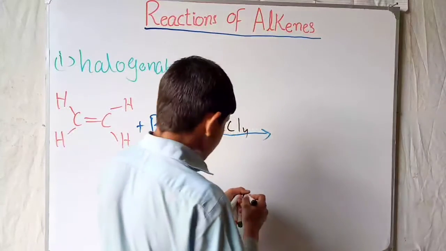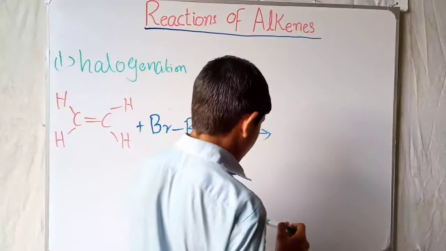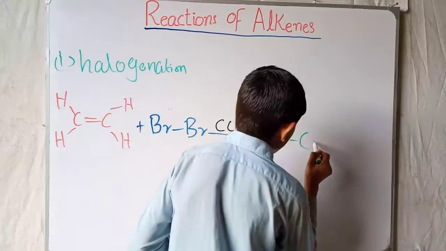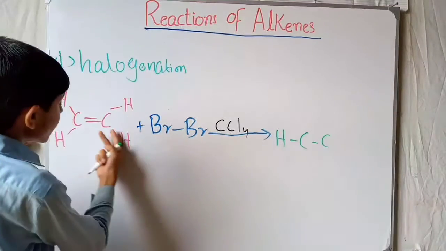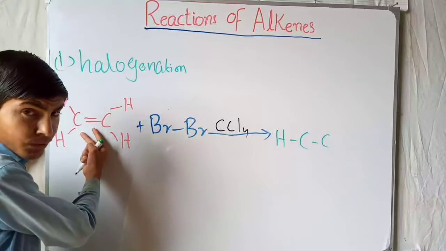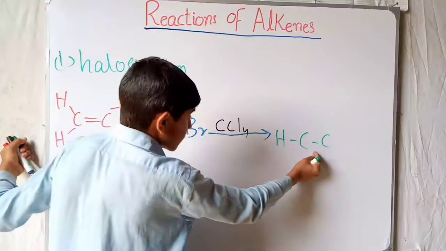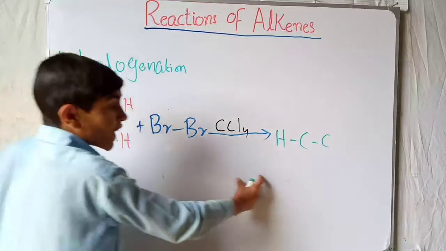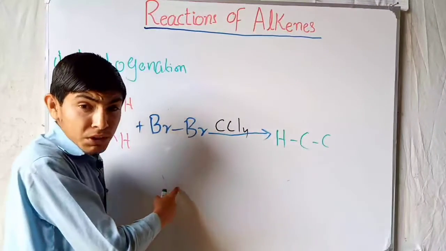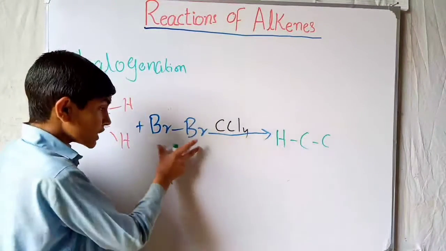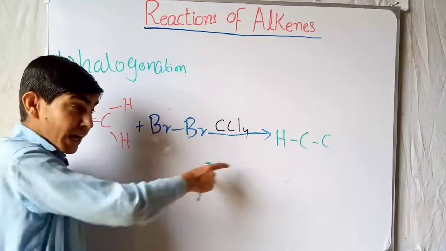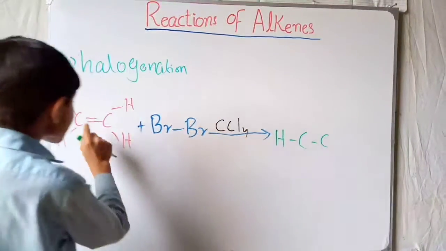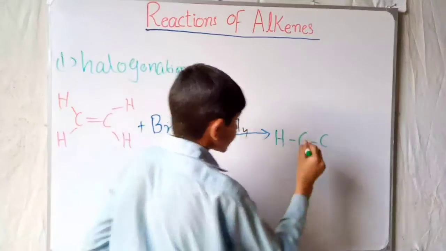This double bond between the two carbons will be converted into a single bond by the addition of bromine, so we call it dibromoethane. Dibromo means that there are two bromines, and we call it ethane because it is saturated. The double bond is converted into a single bond.